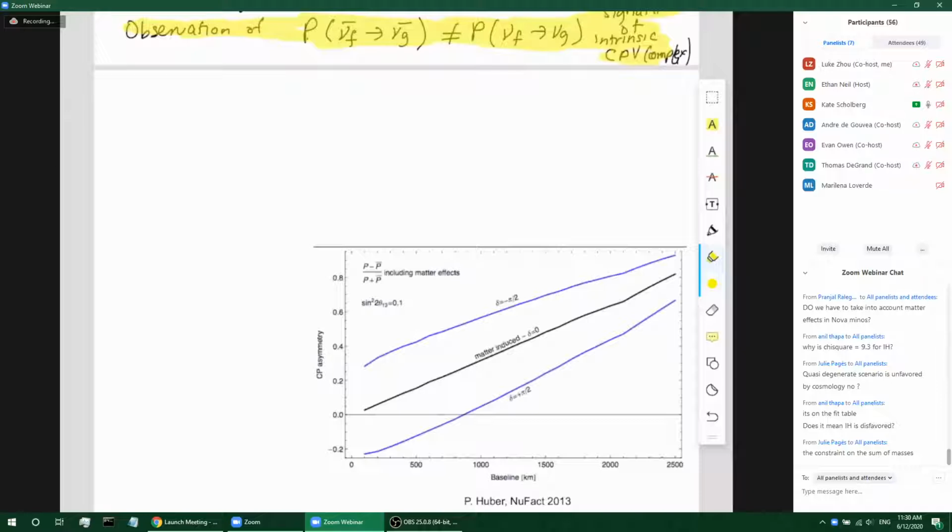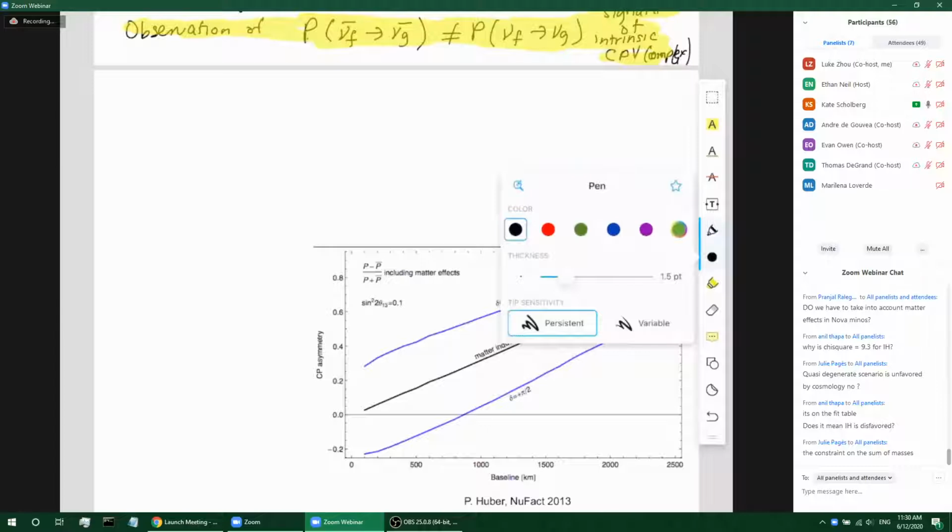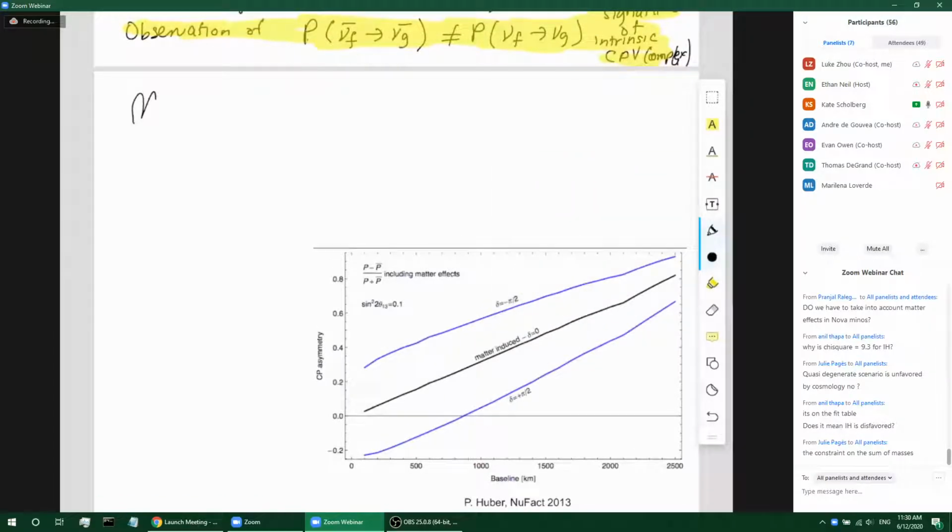The issue is that matter is not CP invariant, in the sense that the Earth has electrons in it and not positrons. The Earth is matter and not antimatter. So if you have matter effects, as you talked about a little bit, for example nu mu to nu e, there's an extra potential.